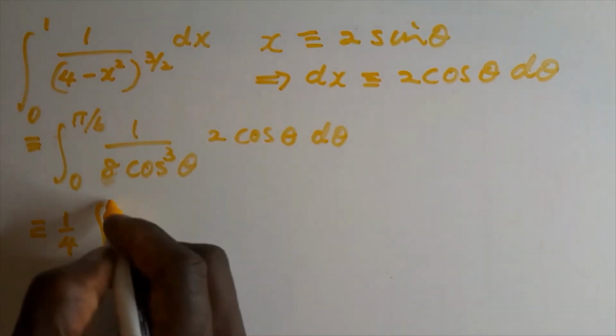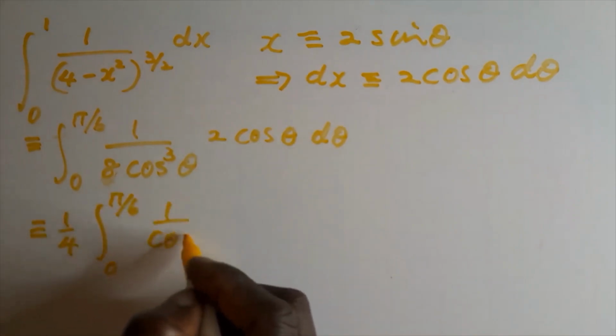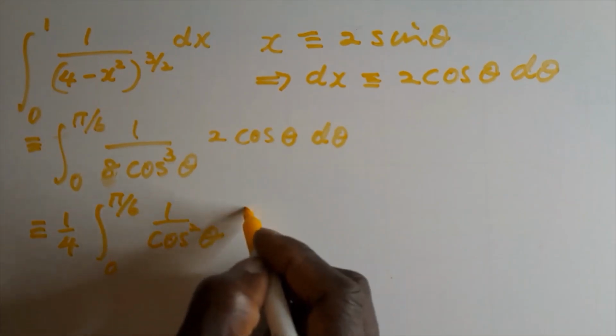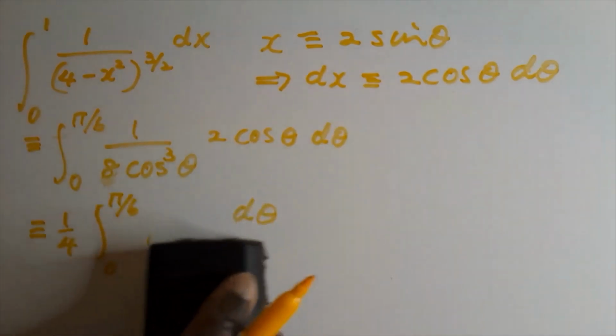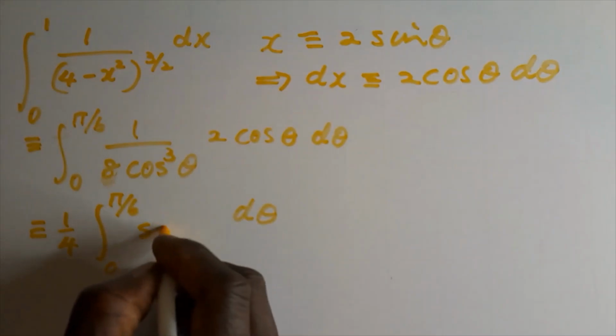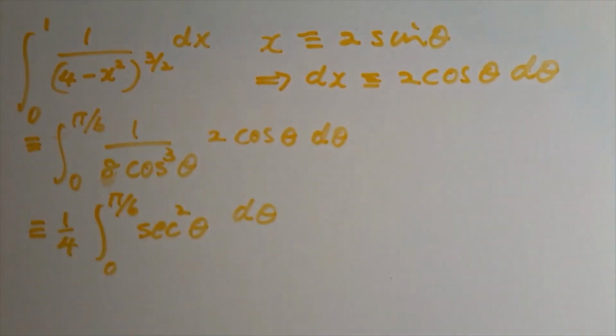So now we have 1 over cosine squared theta d theta, which is the same as sec squared theta. So in the same step, we can write sec squared theta d theta.